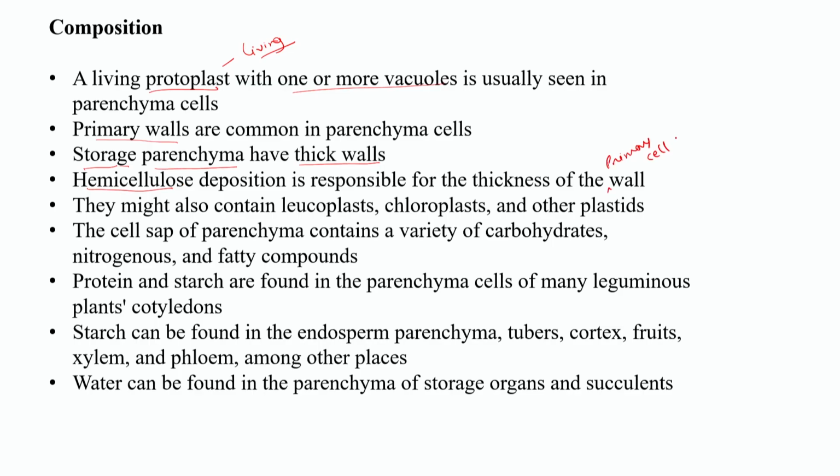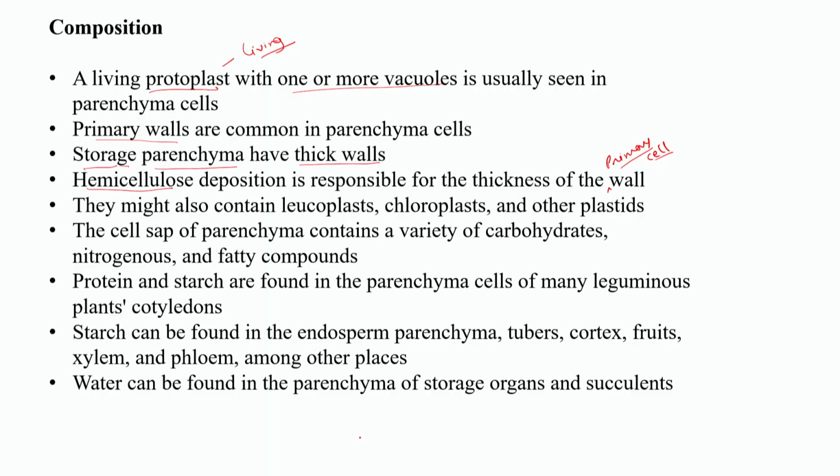So when the cell has a primary cell wall but it is still thick, it is observed that hemicellulose is deposited more in those thick cell walls of primary nature.